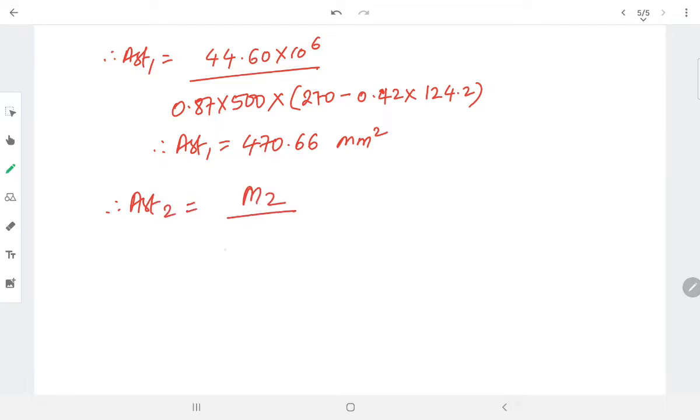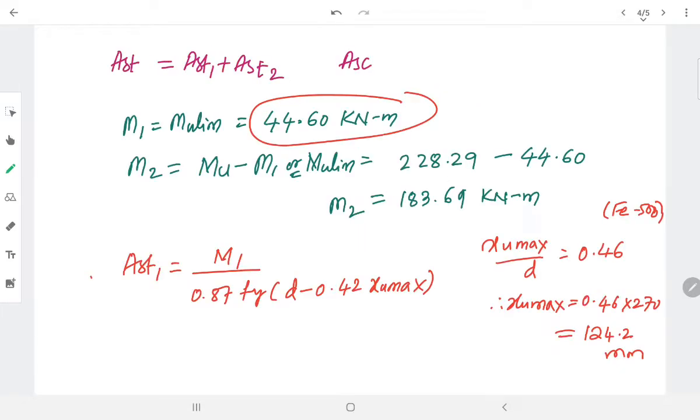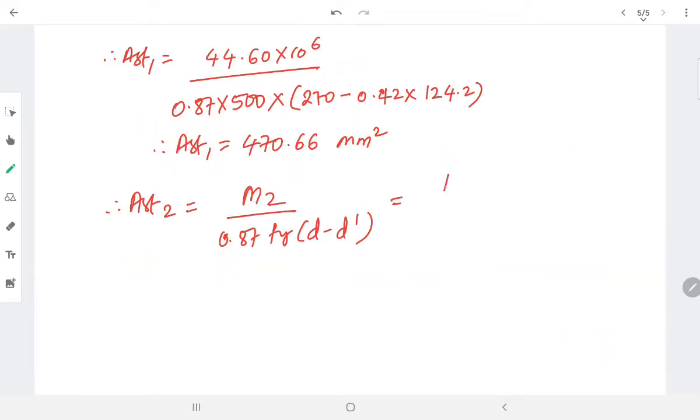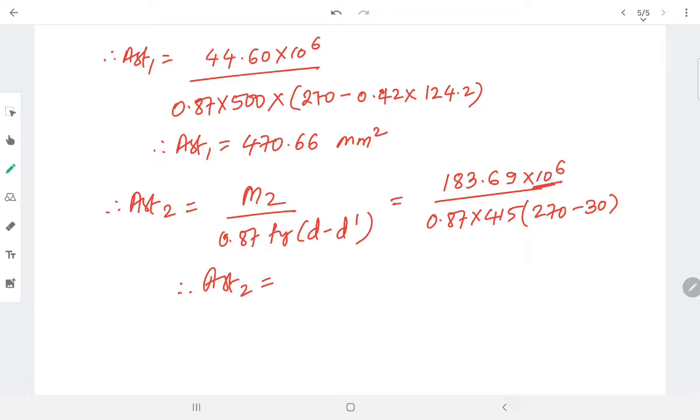Next, AST2 I will be calculating based on M2. This is M2 divided by 0.87 Fy into bracket D minus D dash. M2 is 183.69 into 10 to the power of 6 divided by 0.87 into 415 into bracket D, which is 270, minus D dash, which is 30 mm. When you solve this, you will get AST2 equal to 1759.48 mm square.